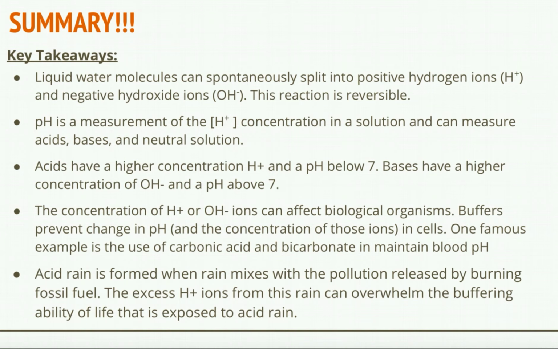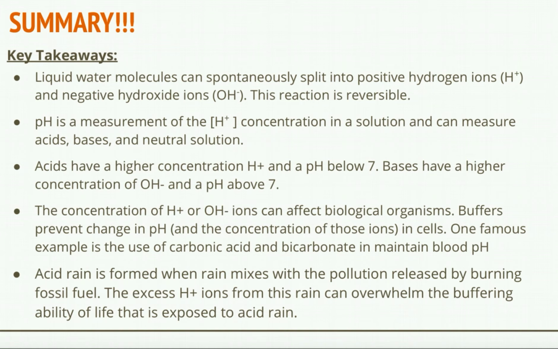So pH is a measurement of the hydrogen ion concentration in a solution, and it can be associated with acids, bases, and neutral solutions. However, when we say something is an acid, it typically has a pH below 7, while something that is a base has a pH above 7. And when we talk about measurements of hydrogen concentration, the lower number is associated with a high concentration of hydrogen ion.